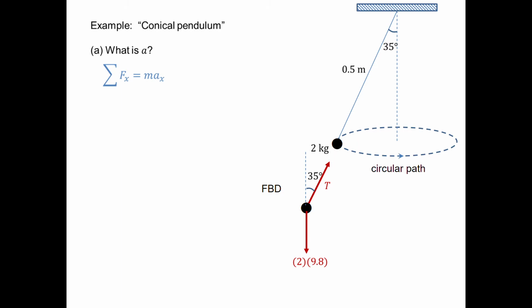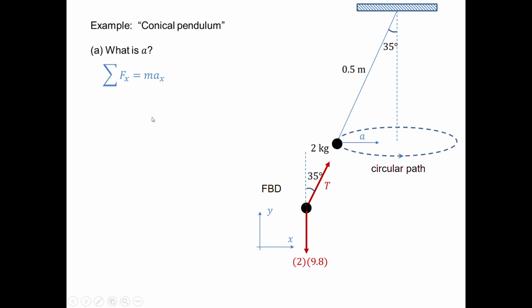The rule of thumb that we've always used before and we'll always stick to is, if you know the direction of the acceleration, choose one of the axes to point along that direction. We do know the direction of the acceleration. At this instant, it points directly to the right, towards the center of the circle. So I'm going to make that directly to the right direction x, and we'll call the perpendicular vertical direction y. We definitely are going to make things more complicated if we use tilted axes in this case.